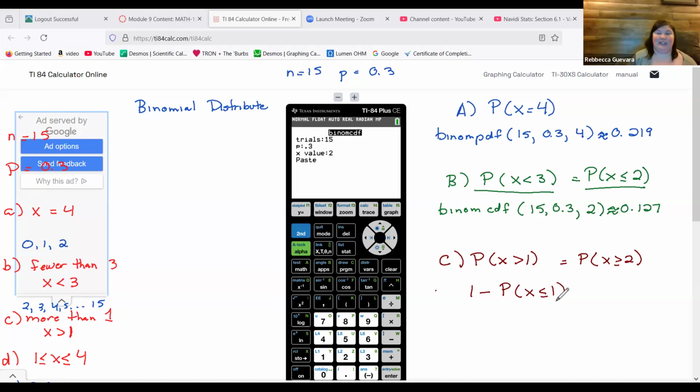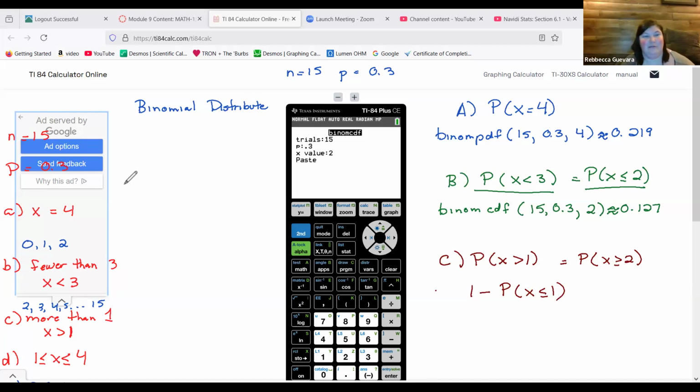So like I said, we're looking at what is really happening. I'm going to find the less than event. The probability of being greater than 1 is the complement of X being 1 or less. So we're using that complement event to figure this out.